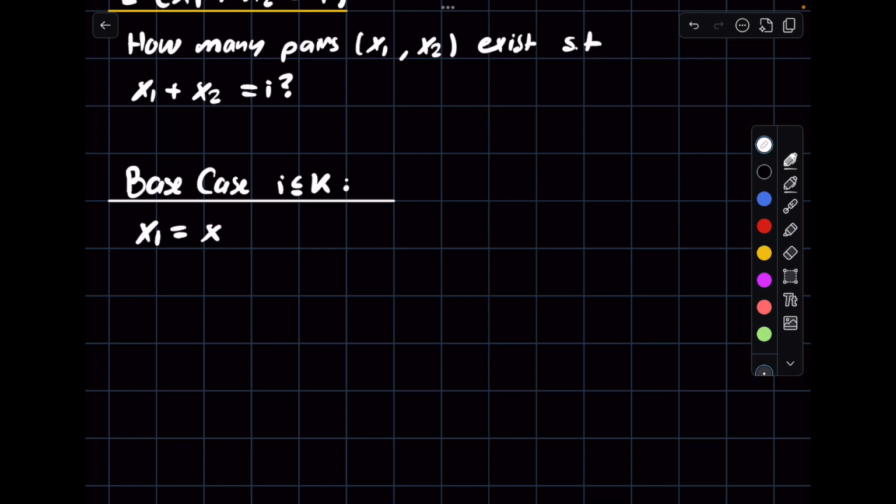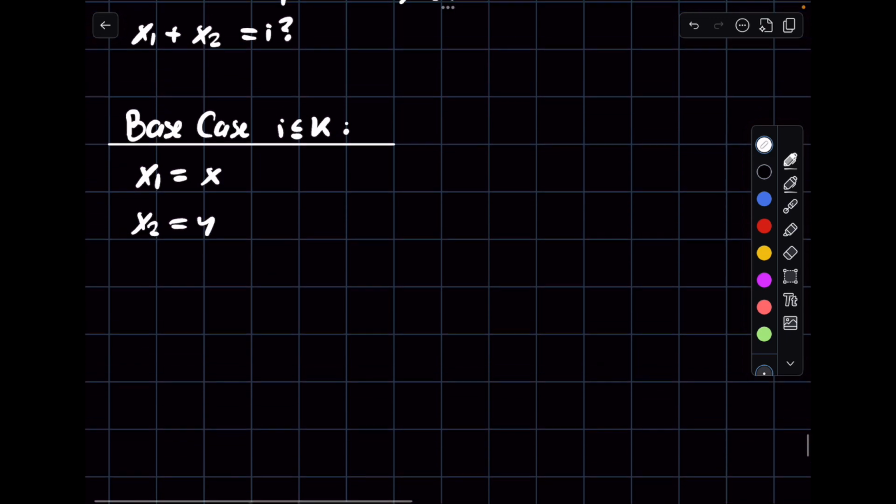So let's denote the following things. x1 is going to be equal to x, x2 is going to be equal to y. And what we do is simply put, okay, let's take x plus y is equal to I, right? Now clear for y. Okay, this means we have minus x, right?